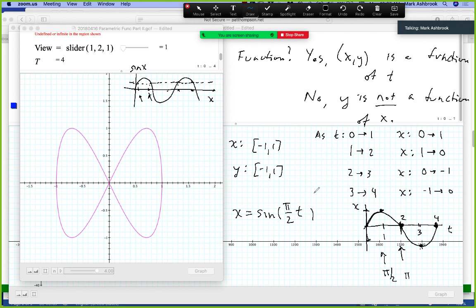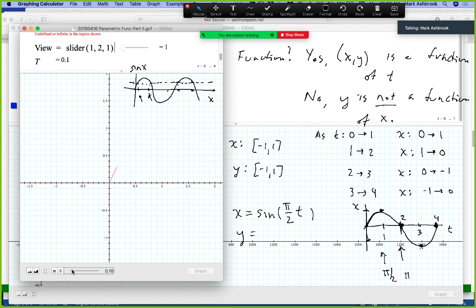Okay, what about y? We just figured out what the x coordinate of these points is, and that's the first half of our ordered pair. All right, what about y? What does y do as t goes from 0 to 1?